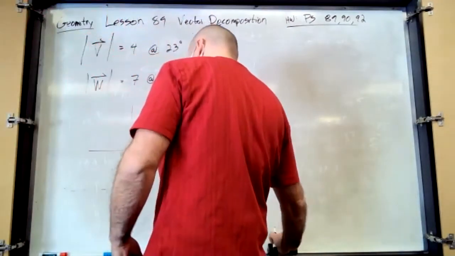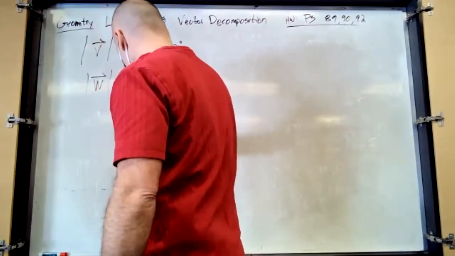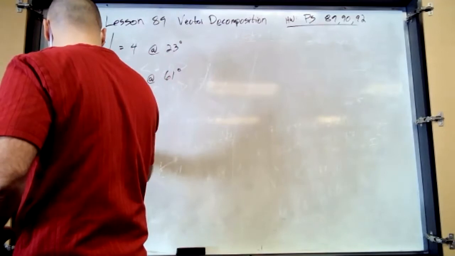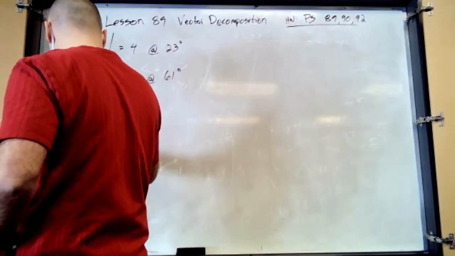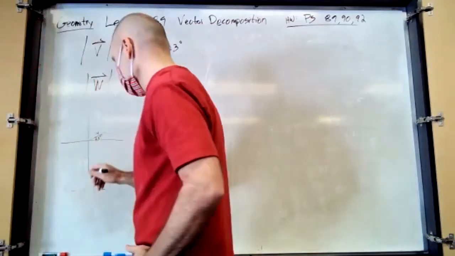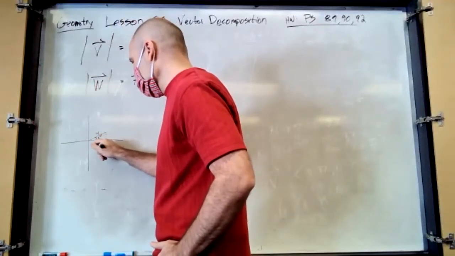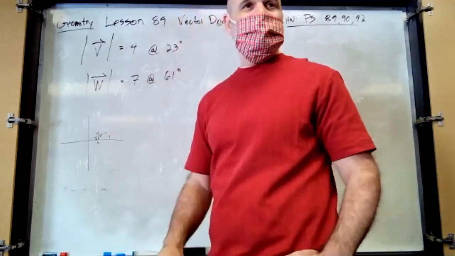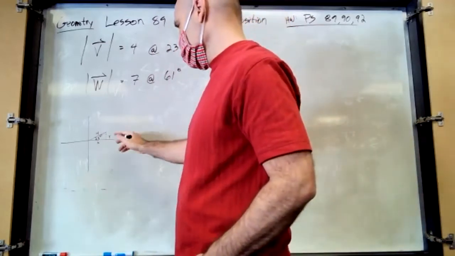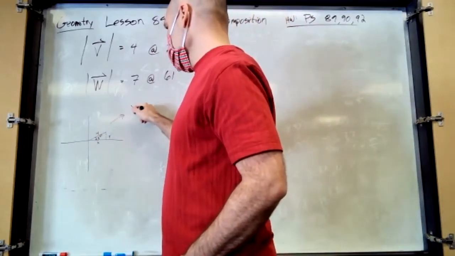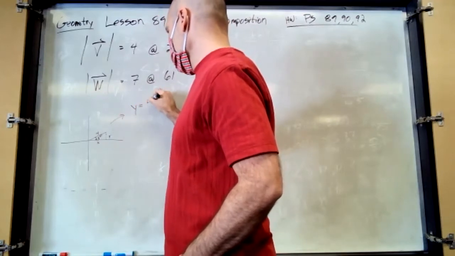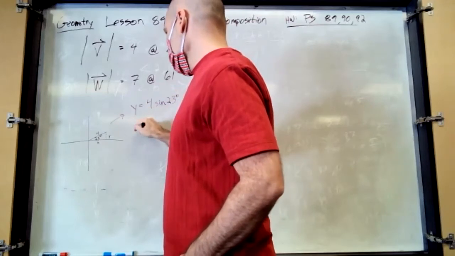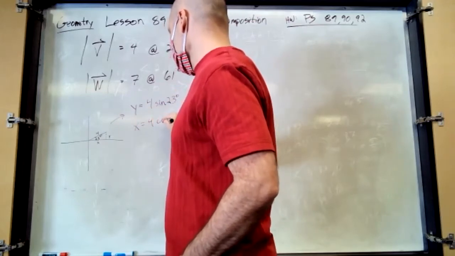Okay, so here's one vector, 4 at 23. I need to decompose it, so I need to find the x and the y, right? How do you find the x and the y? What did we do? y equals 4 times the sine of 23, and x equals 4 times the cosine of 23.